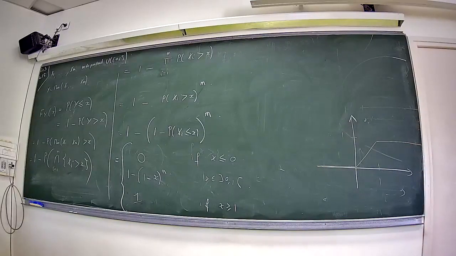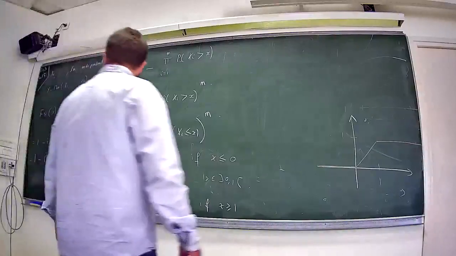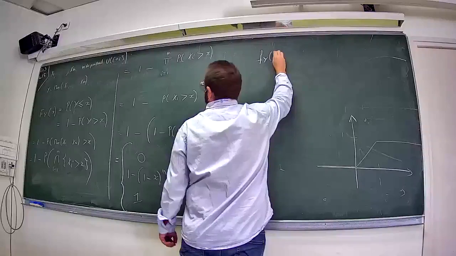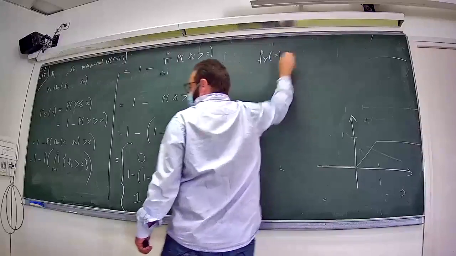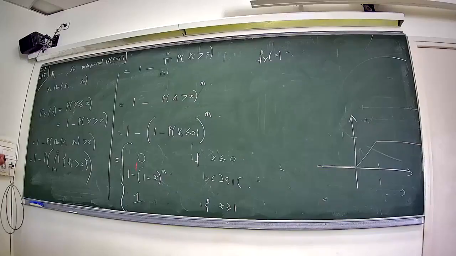If I compute the derivative, it will be the density of Y. Here I obtain 0, 0, and I have to compute the derivative of this one. Be careful, I have a minus here.